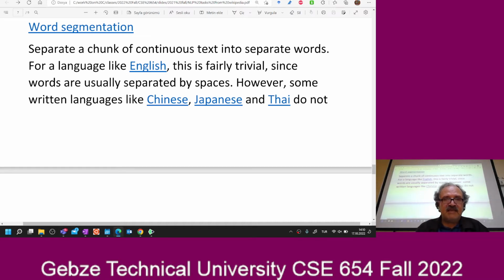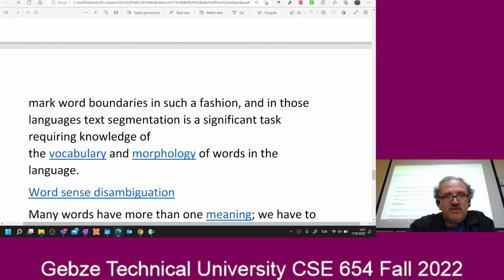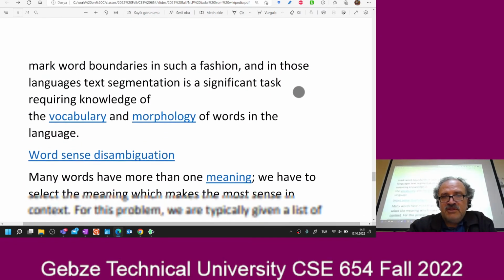They write their sentences without any space, one word after the other, and you are supposed to segment those words from each other.